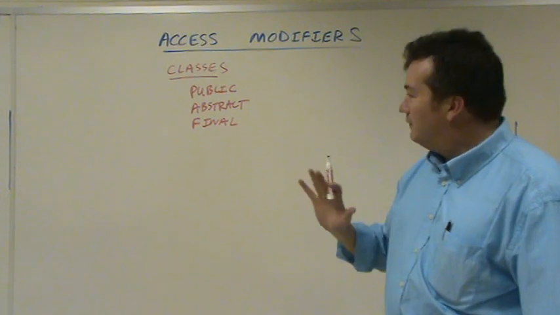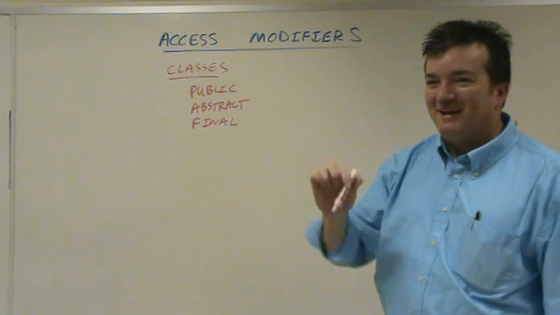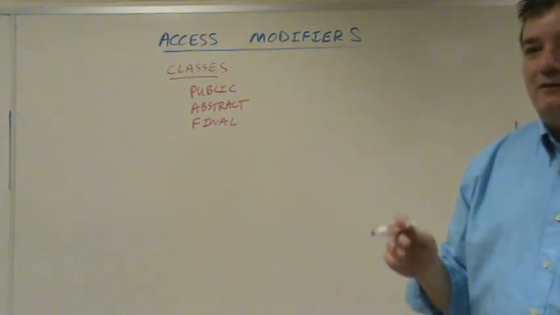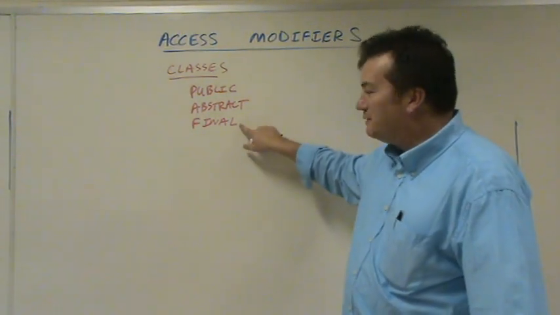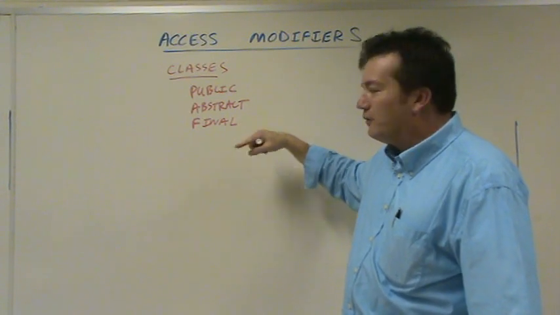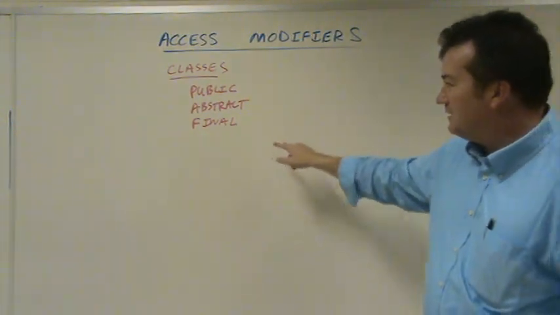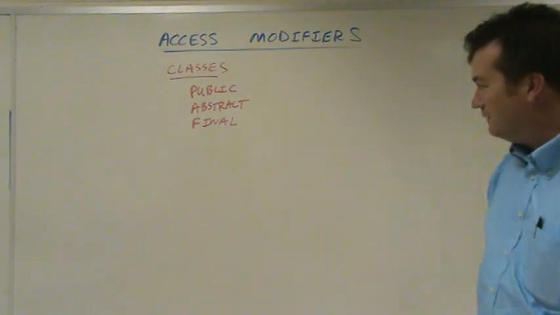In the case of a class, if a class is final, that would mean that no other class can inherit from it. If you try to extend a class that is final, you're going to get a compiler error.